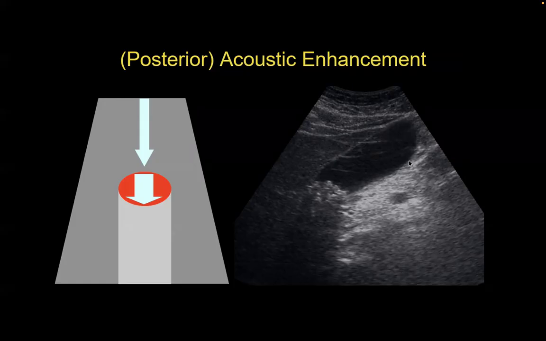All that energy is absorbed by that wall so that it becomes enhanced artifactually, and this area is bright white. And so that's just a characteristic of ultrasounding something that is highly transmissible, like the gallbladder filled with bile.